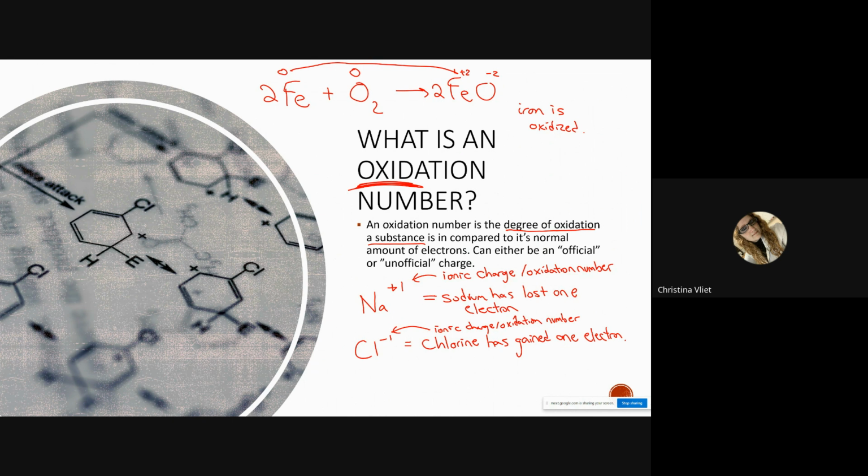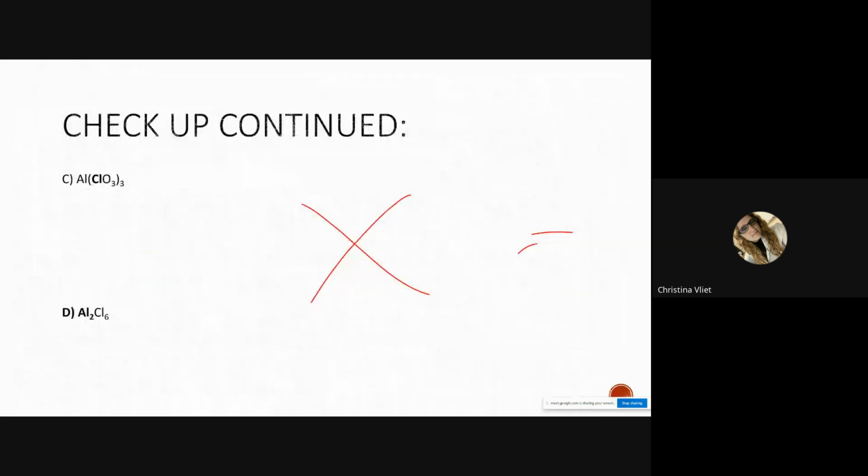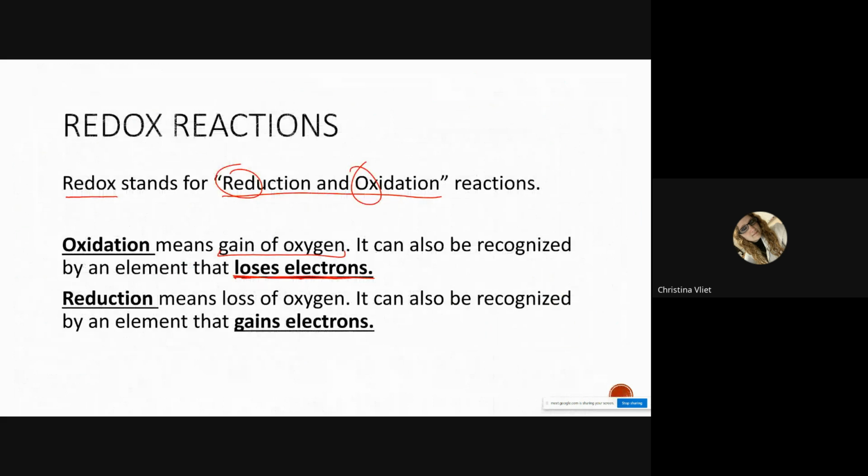Oxygen gains electrons, and we say that oxygen has actually been reduced. And so these two processes happen in tandem with each other. A reduction means a loss of oxygen, but it can also be described for any element that gains electrons. So you've got to remember that losing electrons is oxidation, and gaining electrons is reduction.